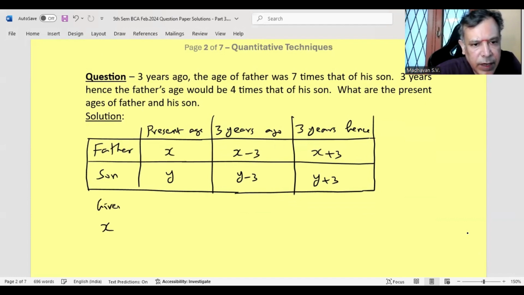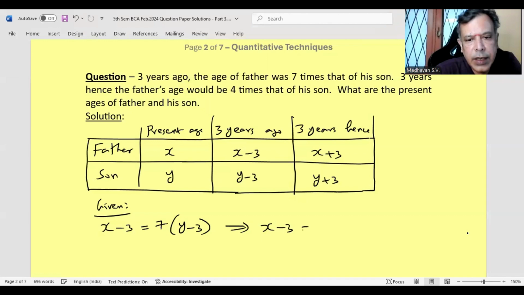So I will say given X minus 3 is equal to 7 times that of his son, means 7 times Y minus 3. That can be rewritten as X minus 3 is equal to 7Y minus 21, or X minus 7Y is equal to negative 21 plus 3, which can be written as negative 18.